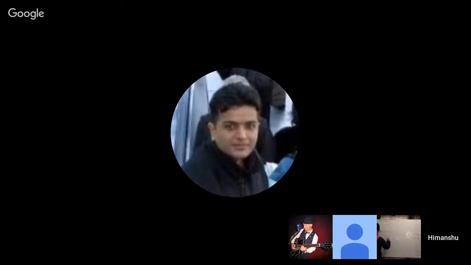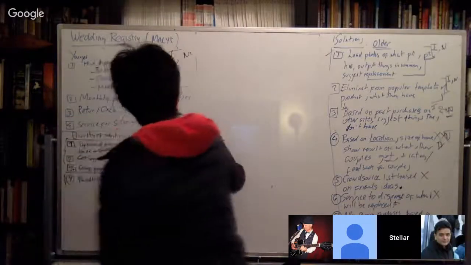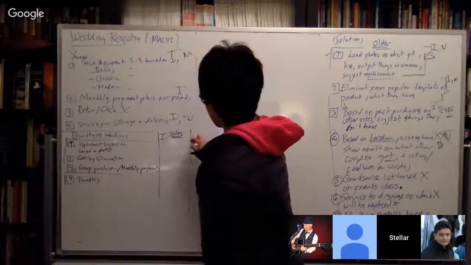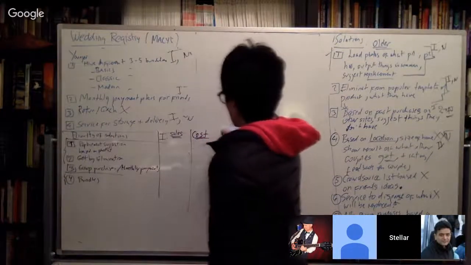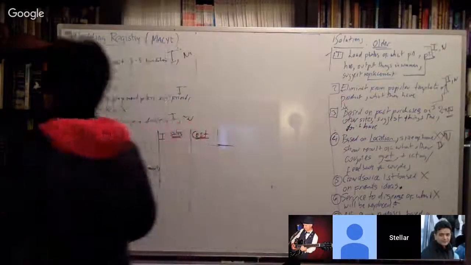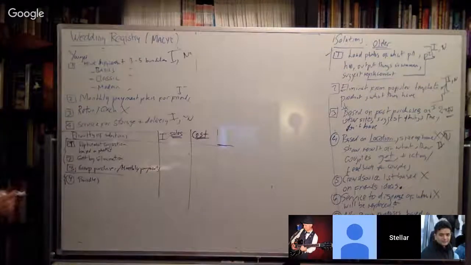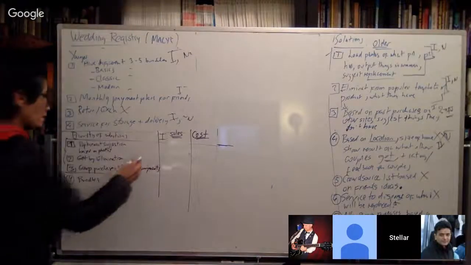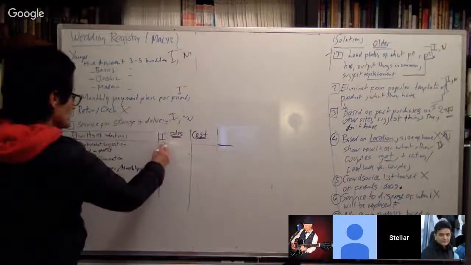Yes, exactly, that was our goal. I want to put here how much it's going to cost to make this. So let's see, replacement, the suggestion based on photos to replace stuff. I think that is impactful, yes. So I will put here high.